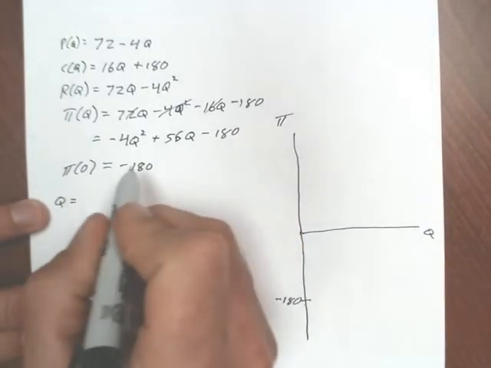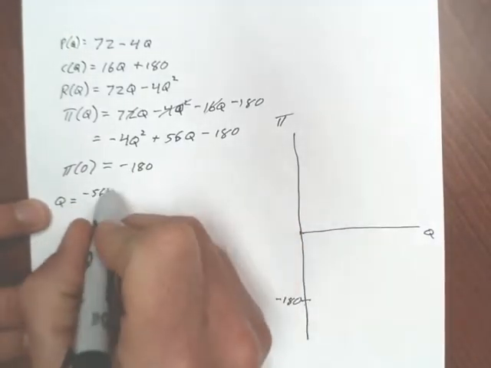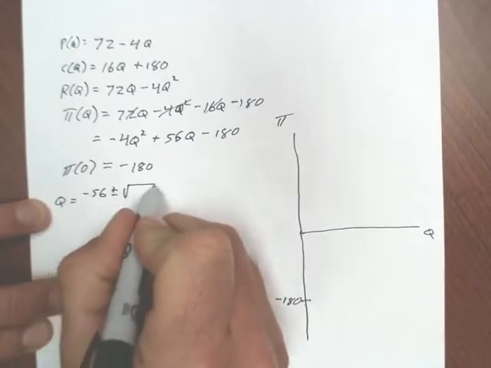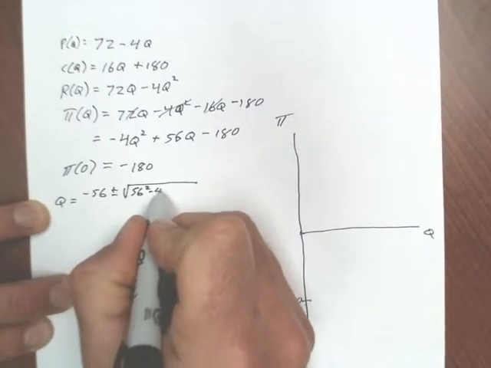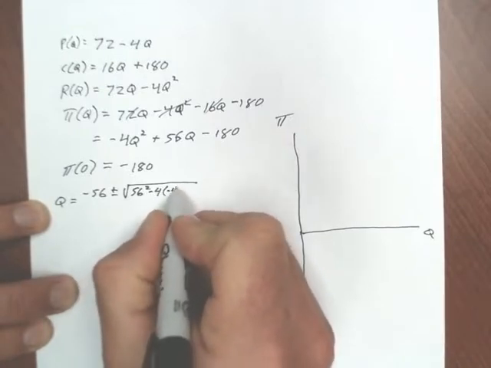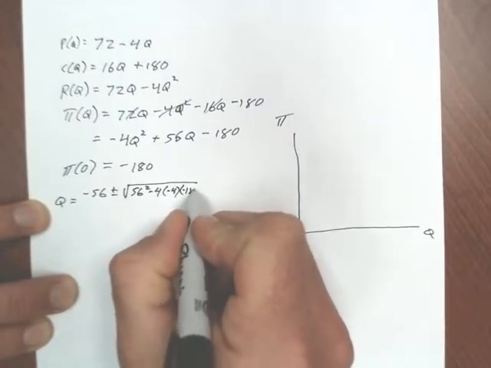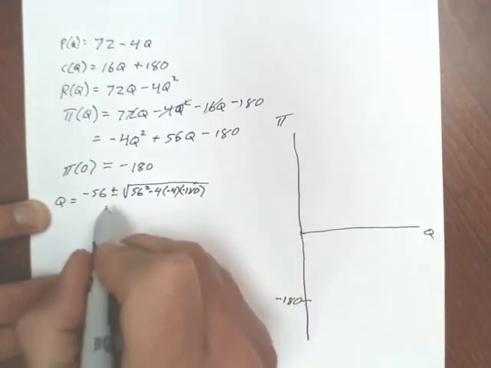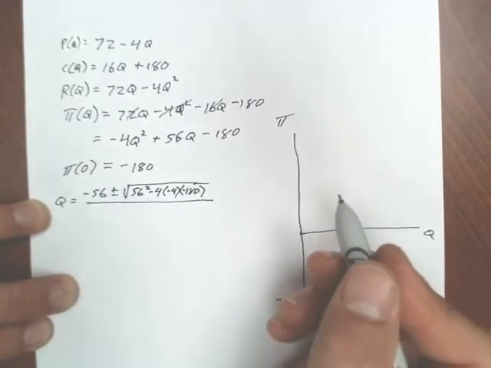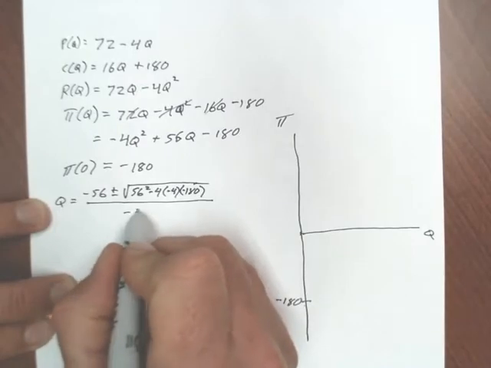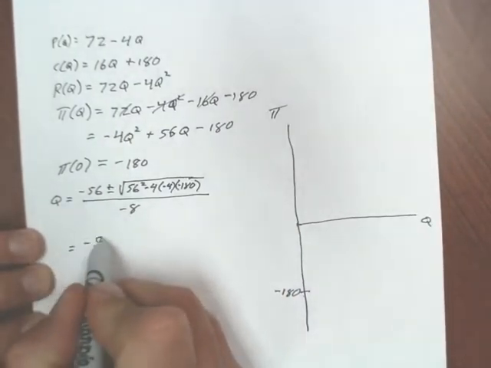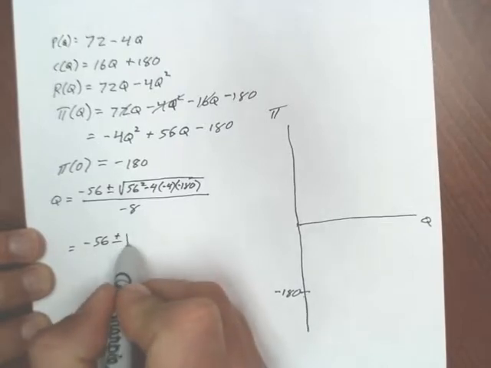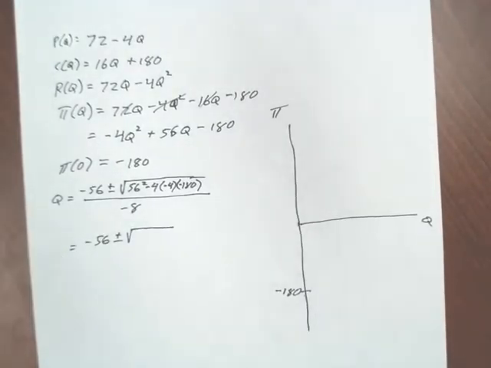So this means Q equals negative 56 plus or minus the square root of 56 squared minus 4 times negative 4 times negative 180, all divided by negative 8. So this equals negative 56 plus or minus the square root of something.